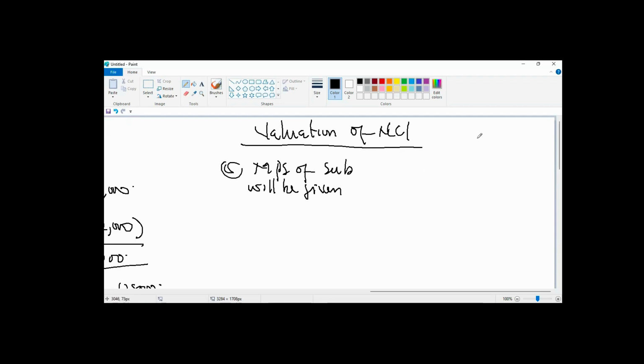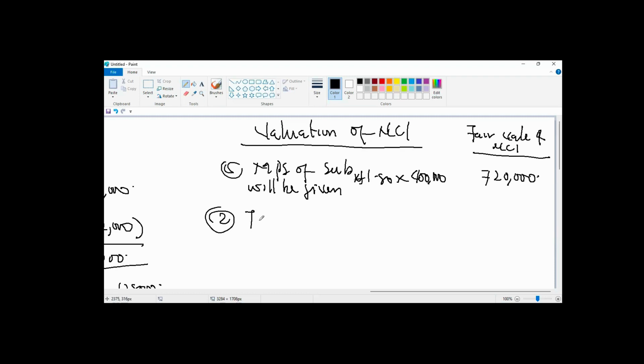I will now get fair value of NCI. How? By saying, what is the market price per share? 1 naira each times 400,000. That will give me 720. So fair value of NCI will be given in the question. 720.